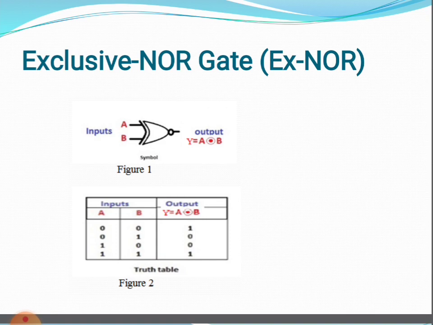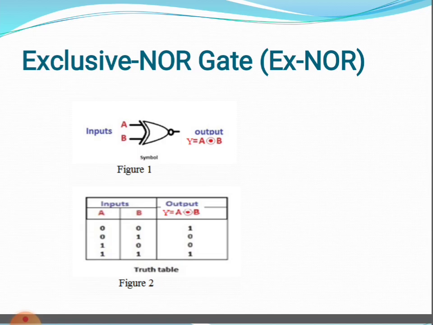Its logic operation is specified as y is equal to a XNOR b, and similar to the XOR gate, the exclusive NOR gate is not a basic operation and can be performed using the basic gates or universal gate, but because of its importance, it has been given a standard symbol.